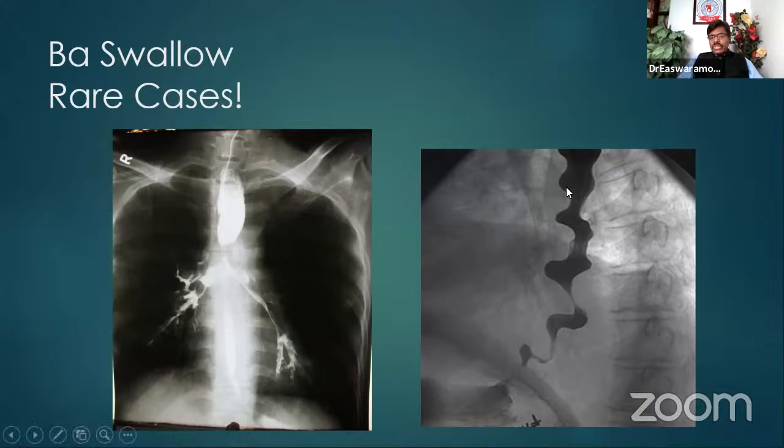It will show you the peristalsis, hyperperistalsis, spasm, looking like a corkscrew esophagus. Corkscrew esophagus is a benign pathology, but the patient will come with severe retrosternal pain. So these are the few things I wanted to tell you.